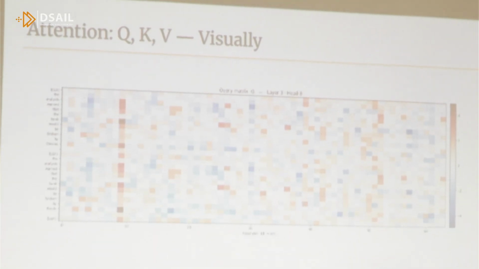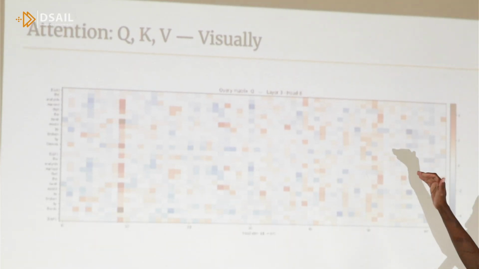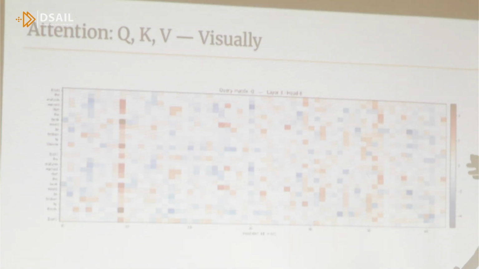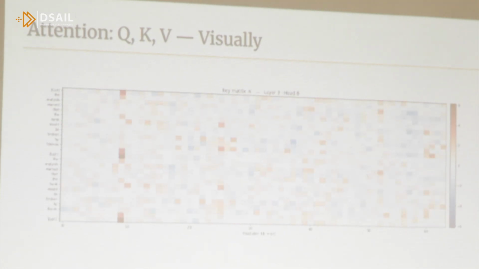Every word will have a Q of length 64, and then they have been concatenated. Then you see the values. This is a heat map, because the numbers will be too small for you to see. So it's a matrix. That's what a Q looks like, and this is how a key looks like altogether. Every word has Q, K, and V, and this is just the key for every word.